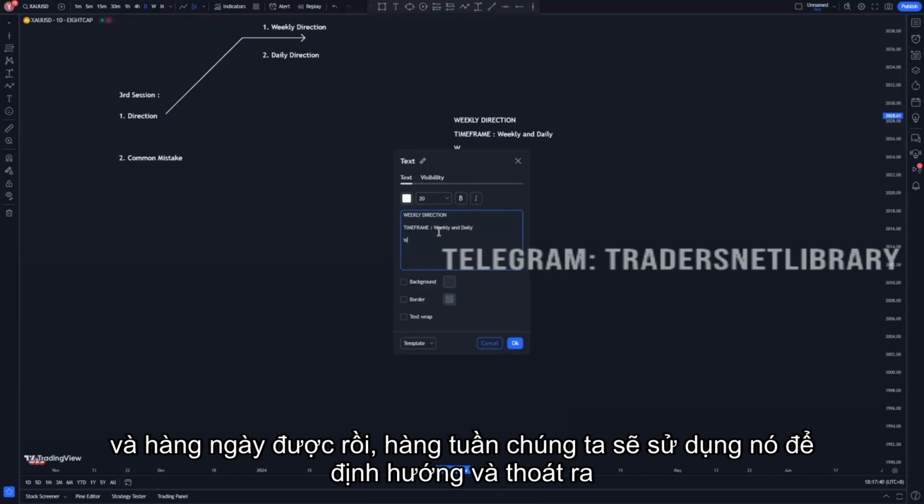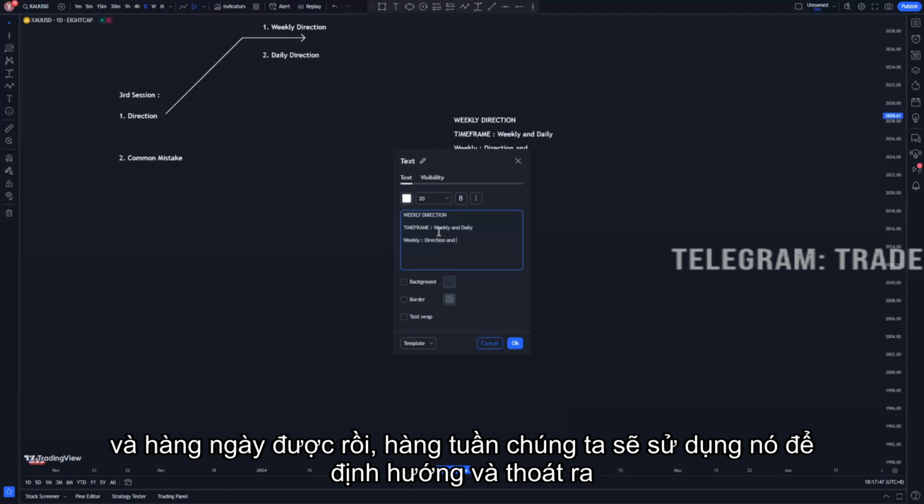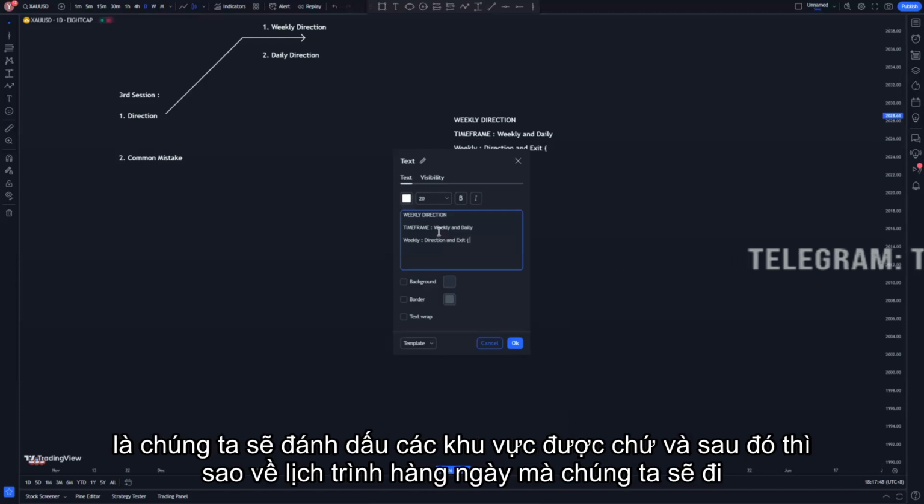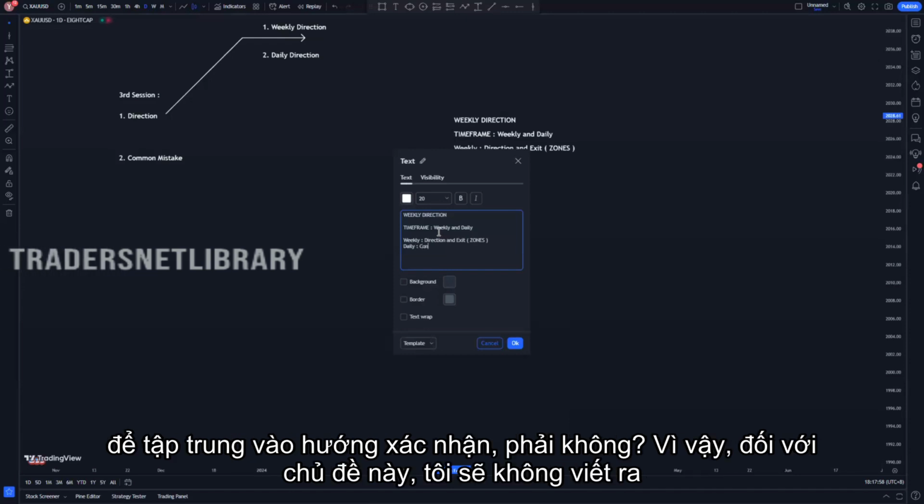For the weekly, we're going to use it for our direction and exit, which is where we mark the zones. And for the daily, we're going to focus on the confirmation direction.